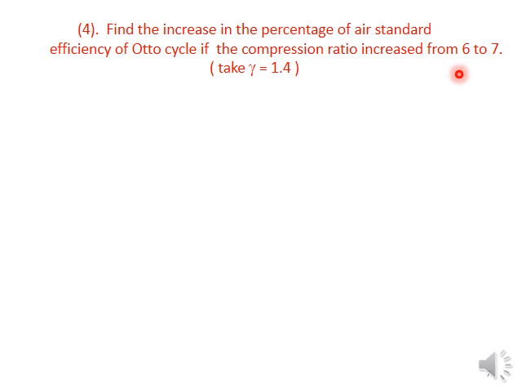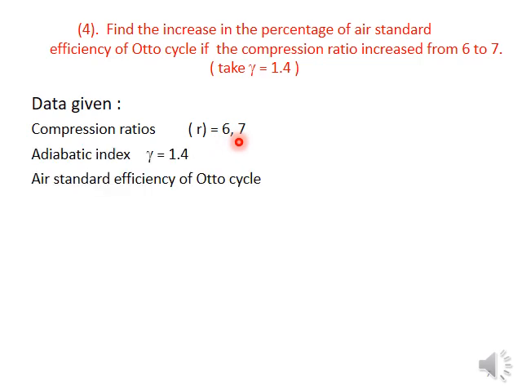So first I am writing the data. Compression ratio 6 and 7, and we know that the air standard efficiency of Otto cycle is 1 minus 1 divided by R power gamma minus 1.